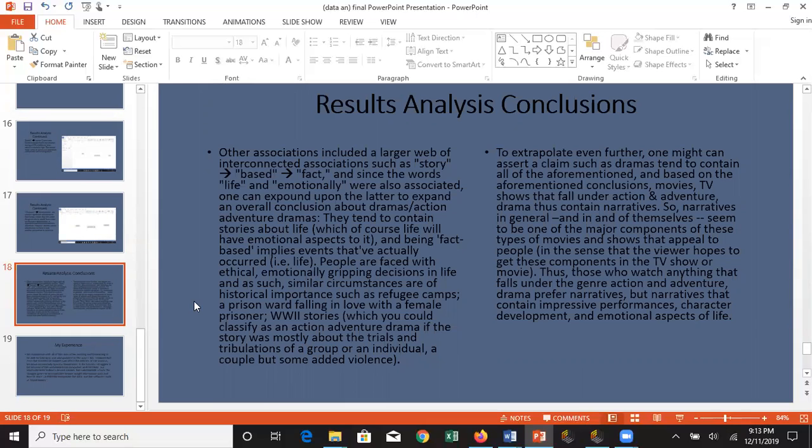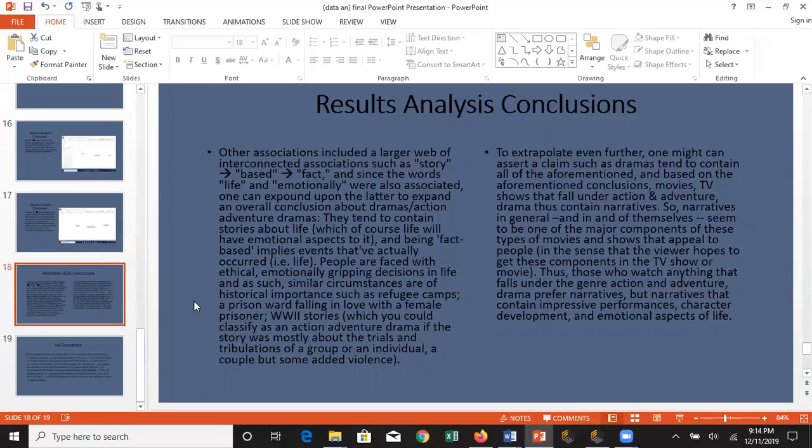Stories about refugee camps, World War II, Hitler. Those are very gripping. They're very emotionally driven. If you were to make that a narrative, that would of course be real life, but also emotional.